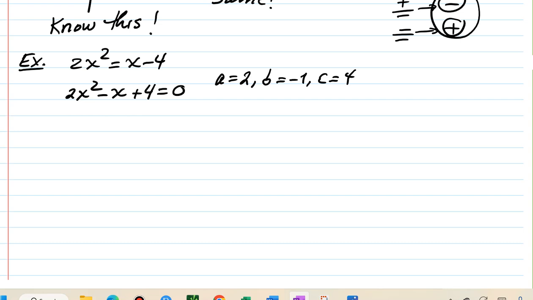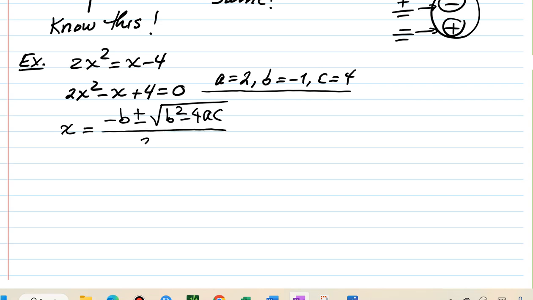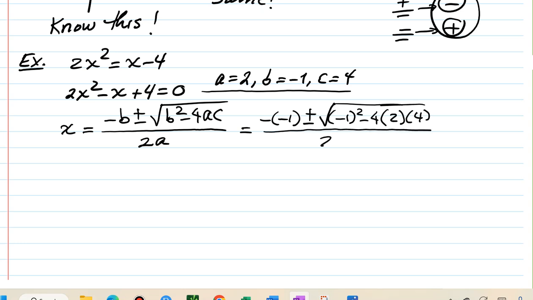And once we identify the a, b, c correctly, we can solve the quadratic equation using quadratic formula. Let me just echo the formula one more time. b squared minus 4ac and divided by 2a. Now negative b would be negative negative 1 plus or minus b squared, that's negative 1 squared, minus 4. a is 2 and c is 4. All of that divided by 2 times 2.